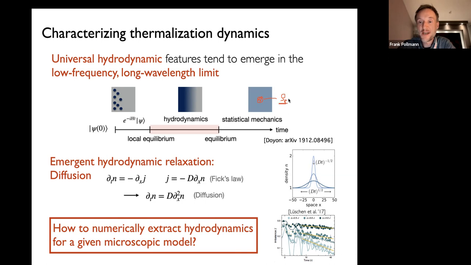And then the conjecture is, for systems that do this equilibration, that I can replace the reduced density matrix by a thermal density matrix, which for systems with energy conservation, for example, will be described by a temperature or inverse temperature beta.